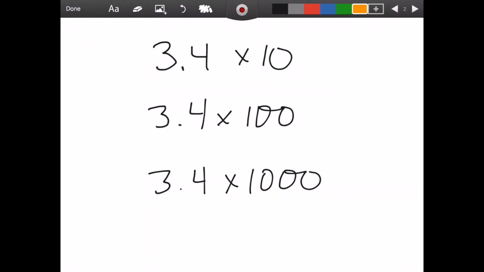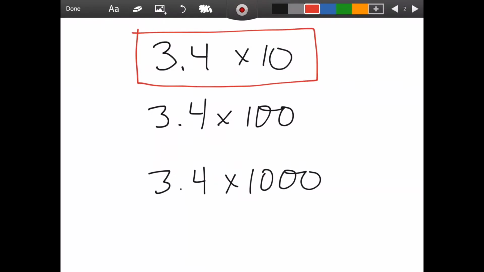Now, I want to take a look at three problems, starting with 3 and 4 tenths, and we're going to talk a little bit about how we can use this concept of 10. If we take any number and multiply it by 10, one easy way that we can quickly multiply a number by 10 is by taking this decimal here and moving it over one single time.